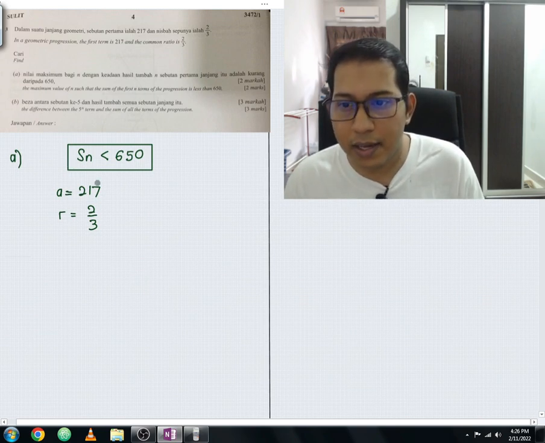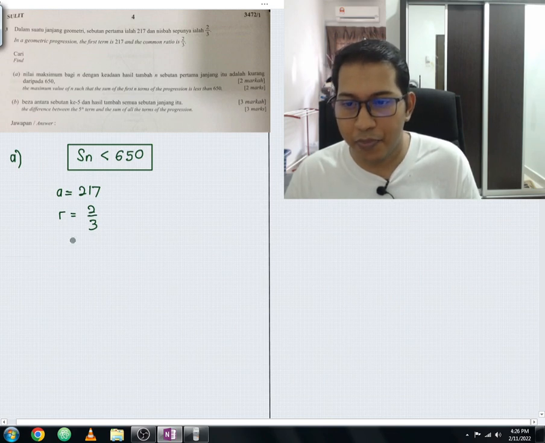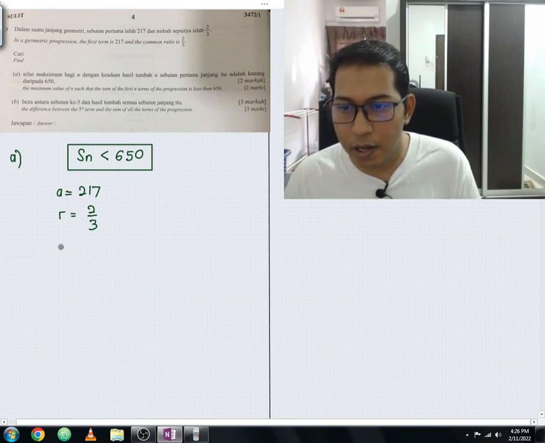Actually there are two formulas for geometric progression, guys. The first formula is for when your common ratio is more than 1, and the second one is for less than 1. Since your common ratio R here is 2/3, which is less than 1, we're going to use the second formula.